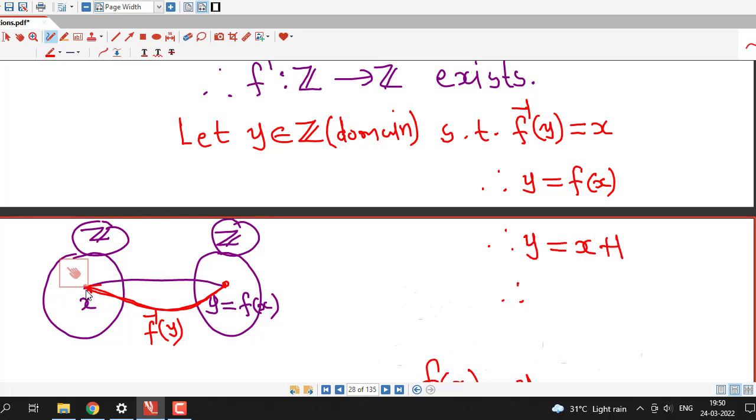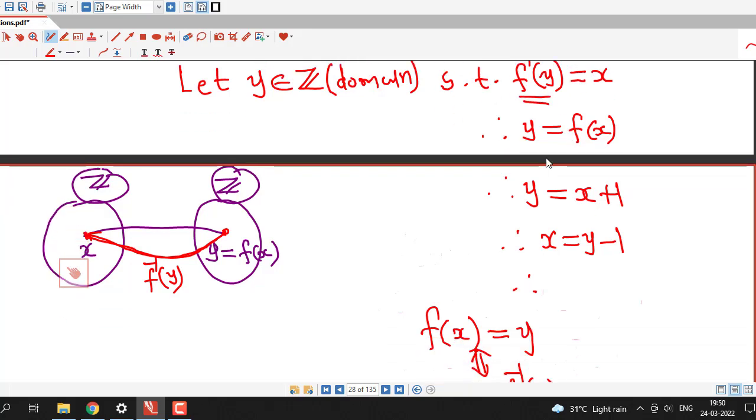We are interested in the image x under f inverse. So, we find out the value of x. So, x is equal to y minus 1. Now, again x is f inverse of y. So, therefore, we replace x by f inverse, and we obtain f inverse of y equal to y minus 1.